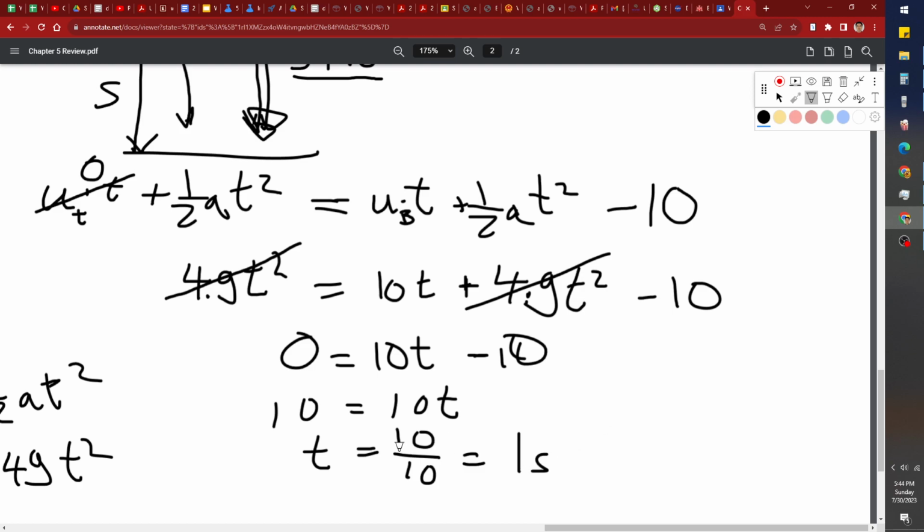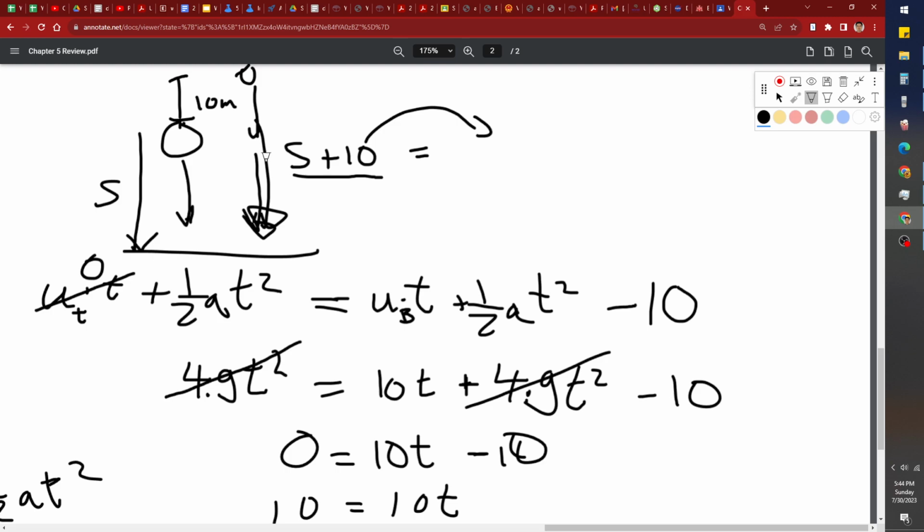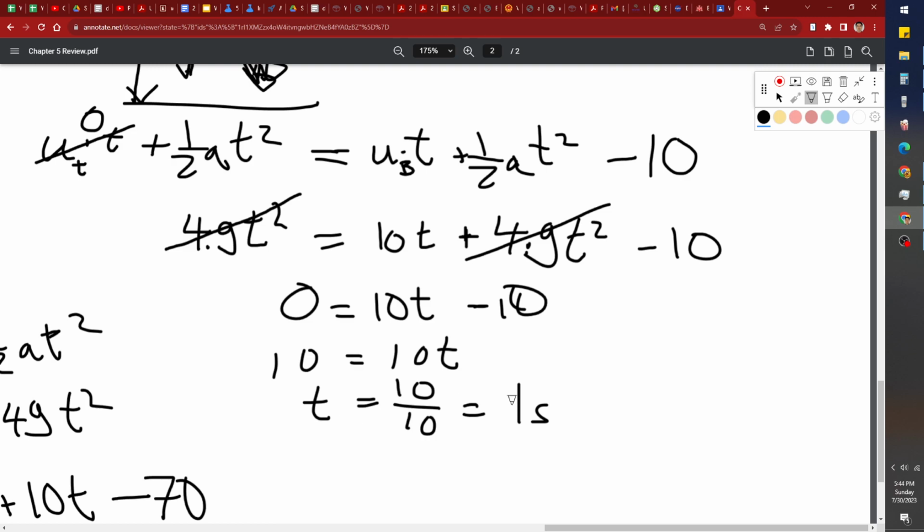So at 1 second, they will have fallen the same distance, and Benjamin will pass tau as he goes down past her, okay?